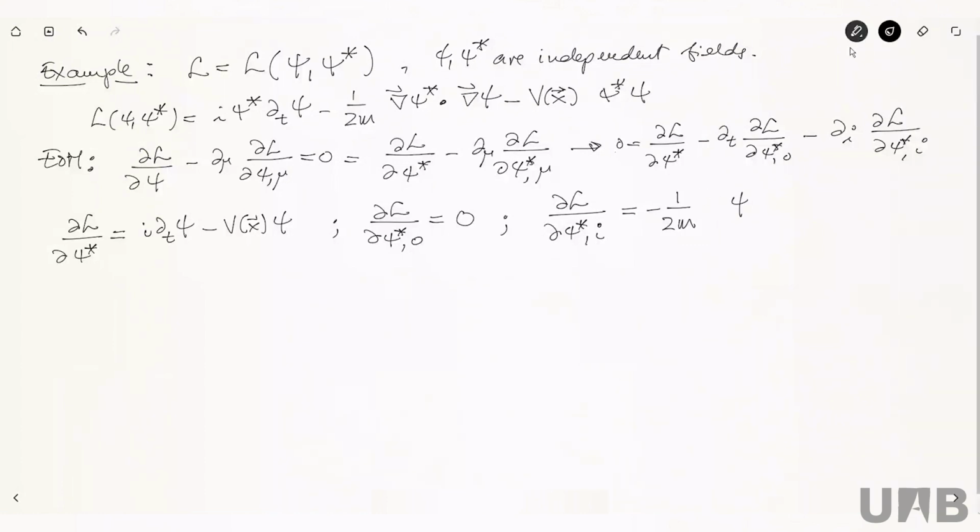Or derivative I of psi, because this thing here, let me write it here. This thing here is the same as di psi star di psi, right? Look at this thing.